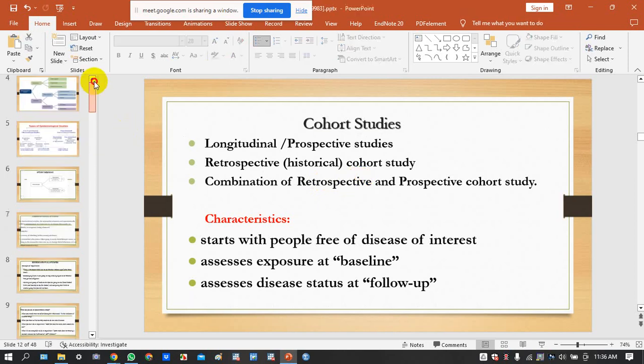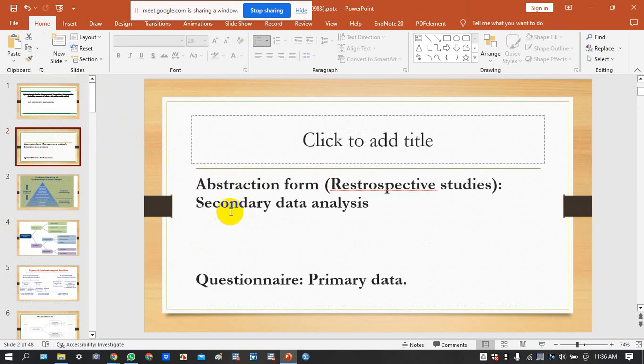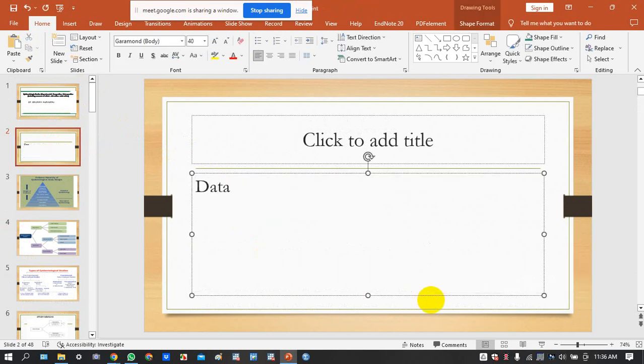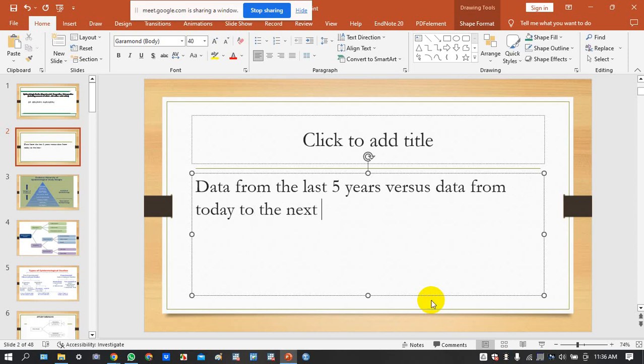For instance, if you take data from the last 5 years versus data from today to the next 5 years, that's the future.